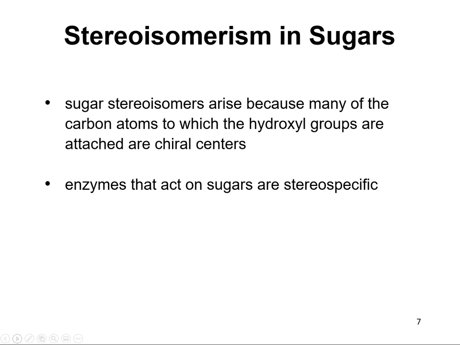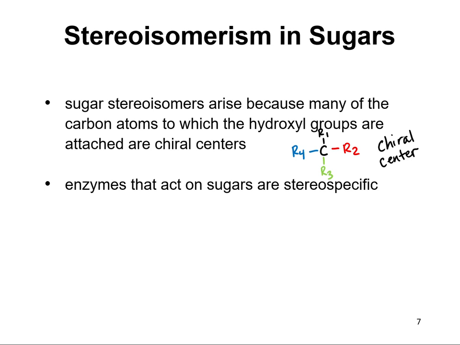So remember, a chiral center means that you've got a carbon that's got 4 different things bound to it. So that is an example of a chiral carbon or a chiral center. And you see lots of those in sugars.